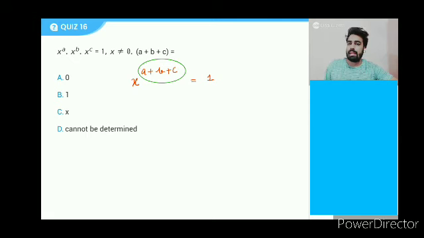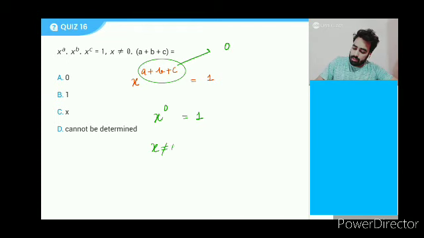X can be any number and power a plus b plus c is 1 when this thing is possible. Suppose I'm writing y power something that is 1 always. It means that this a plus b plus c is 0. x power 0 is 1 always satisfied if x is not equal to 0.